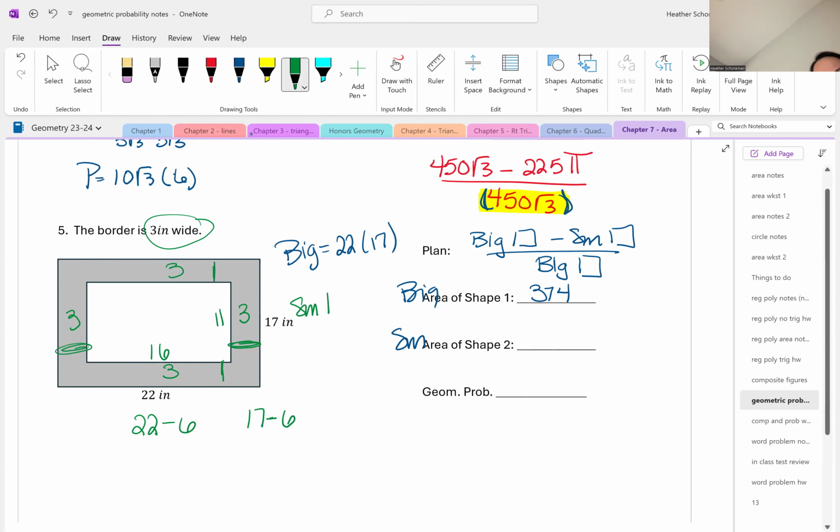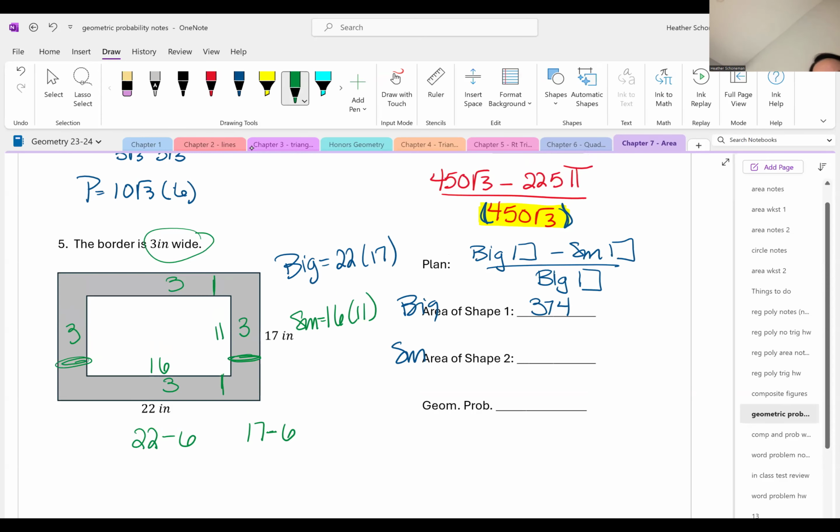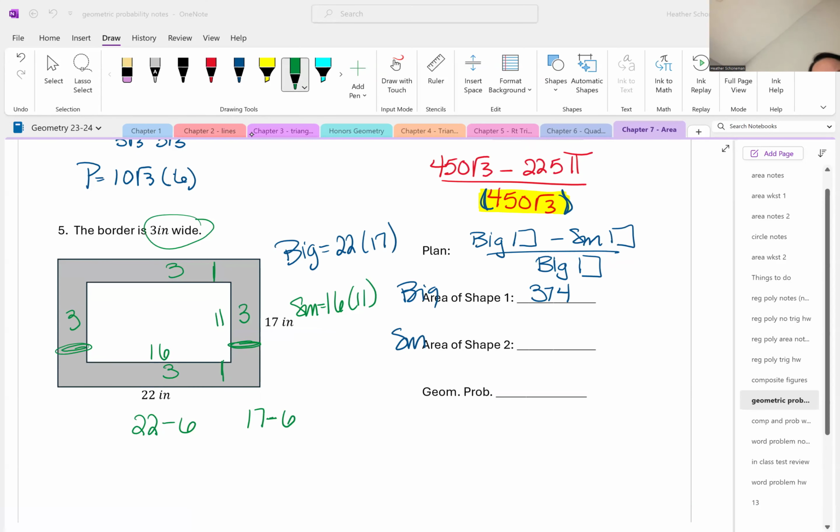So for the small, I need to take 16 times 11. So in my calculator, 16 times 11 is 176. So this is 176, and these are inches squared because they're area. Now that I have the area, I'm going to take these two numbers and plug it into my plan.